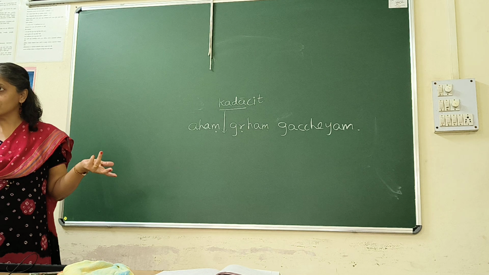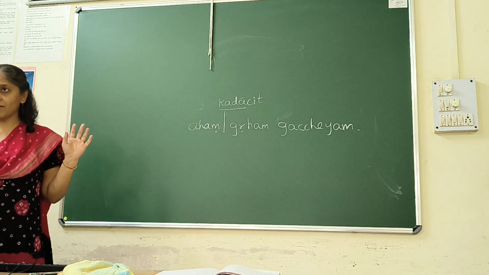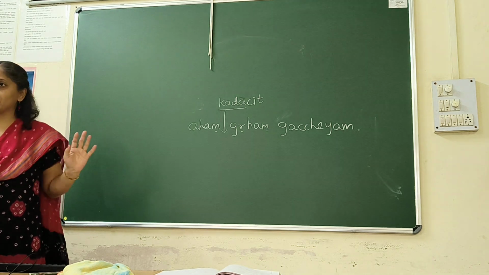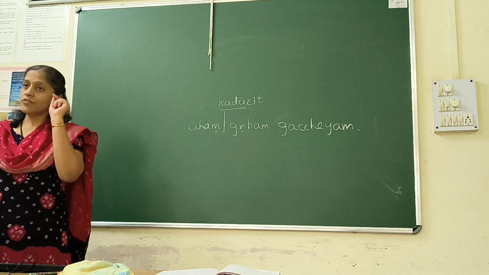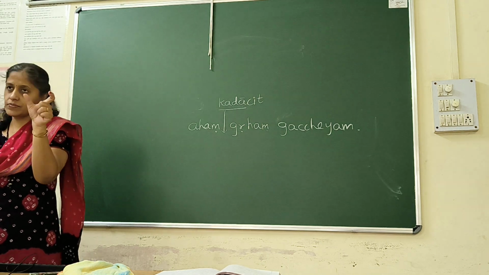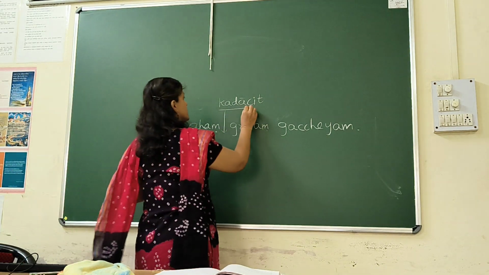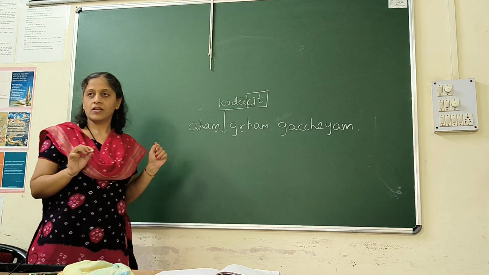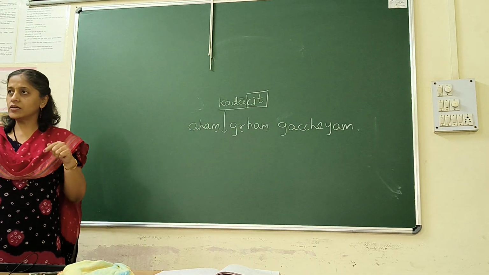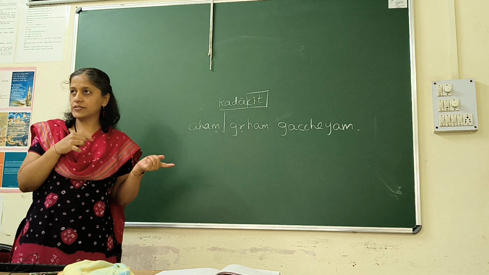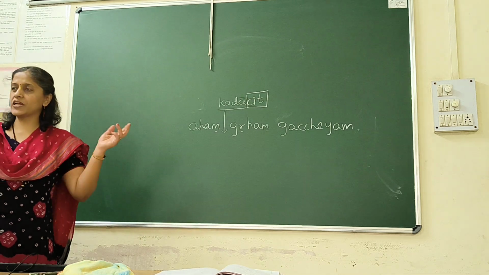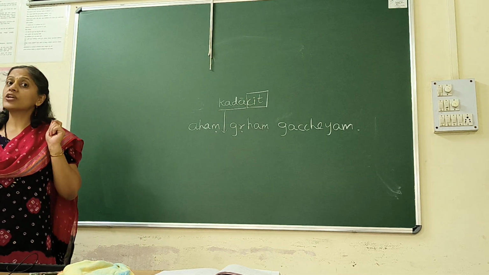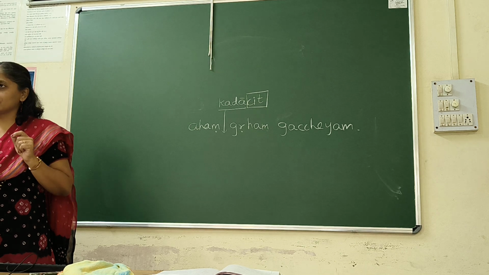Yes, we have learned kada, when, but kadachit is not when. When we add chit, this chit is a suffix which is added to words, might be nouns, might be pronouns, to give an indefinite meaning.